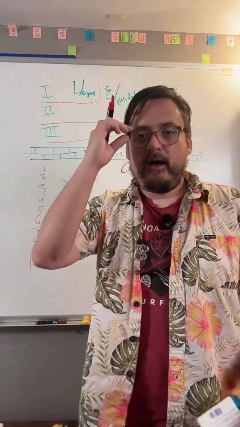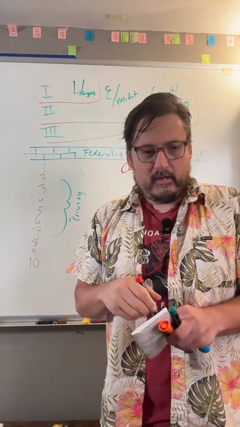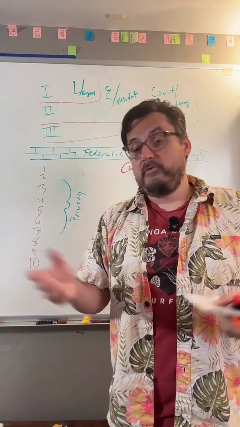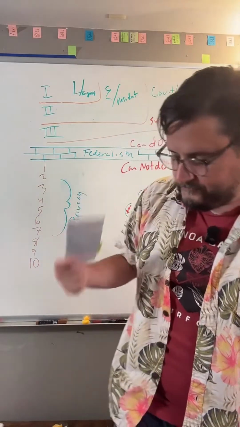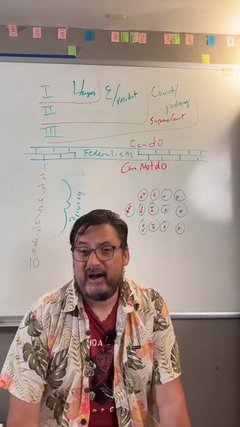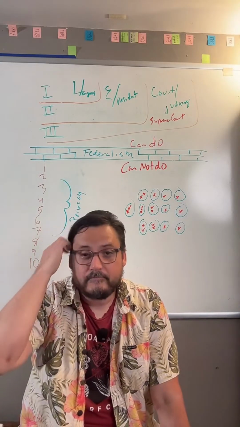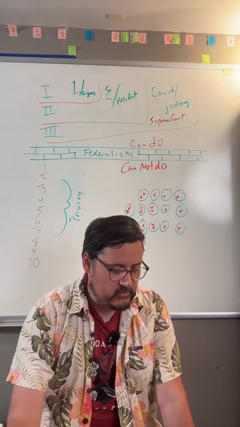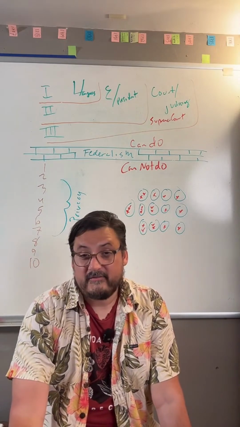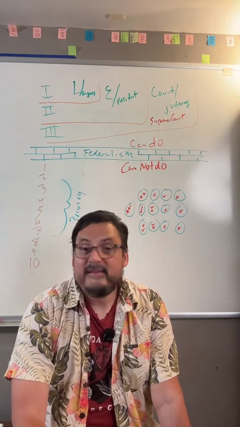Why didn't they just say that this branch can handle their own lower courts? I don't know. I think that when all this is being considered, this wasn't our first government. I think a lot of people know that, but this wasn't our first shot at a government or a constitution. When we finished the war, we set up our first government under the Articles of Confederation, and they sucked.